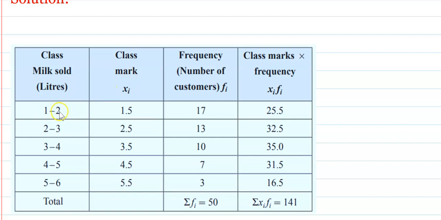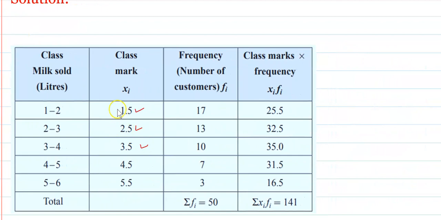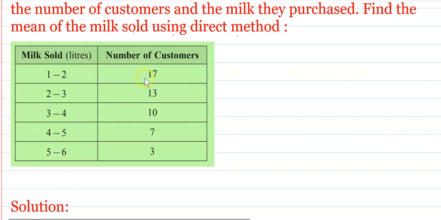That is 1 plus 2 means 3. 3 upon 2 you will get 1.5. 2 plus 3 is 5, 5 upon 2 is 2.5. 3 plus 4 is 7, 7 upon 2 is 3.5. इथे पाहिलं तर डिफरन्स किती आहे, 1 आलेला आहे. 3.5, 4.5, 5.5.